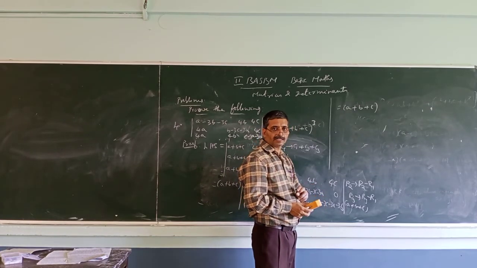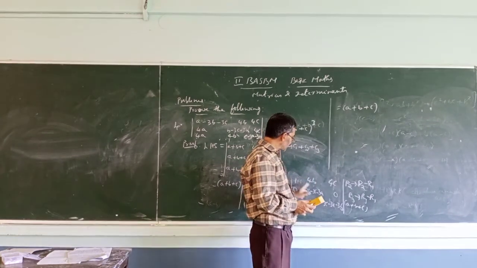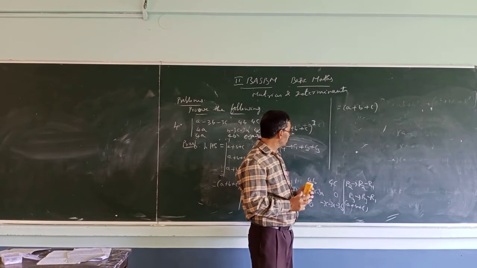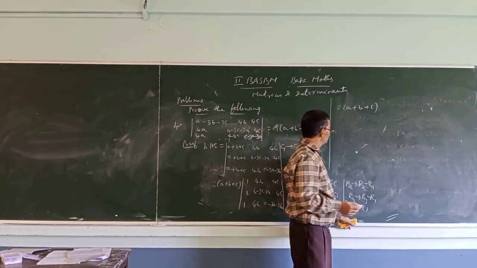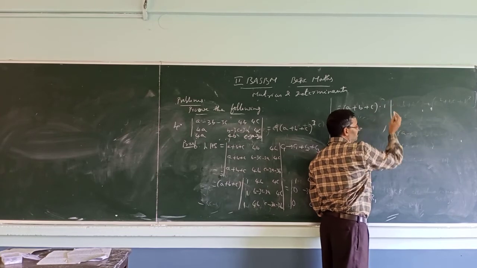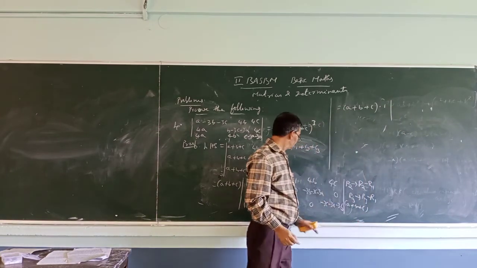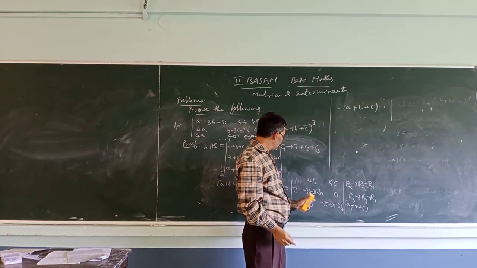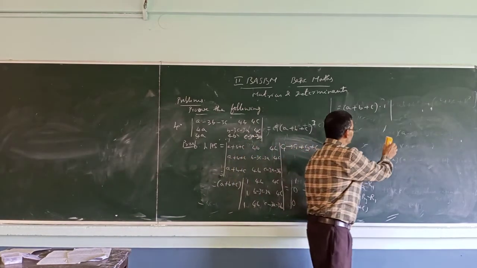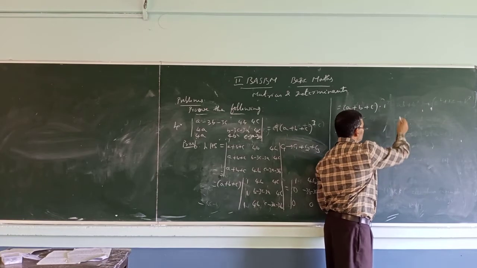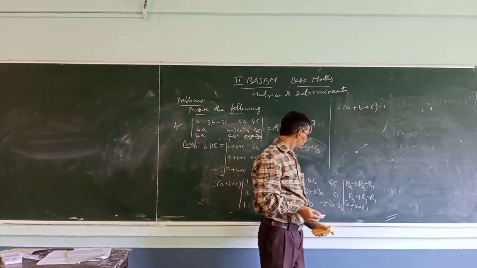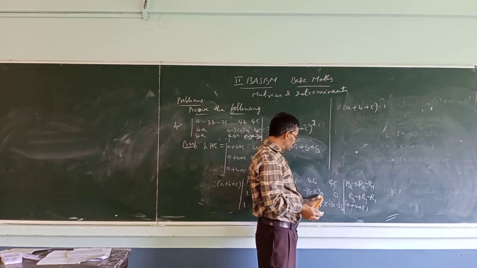So what is the determinant? Determinant is the product of this. So equal to 1 into the determinant of, sorry, 1 into, what is that? Minus 3B, minus 3C, minus 3A.